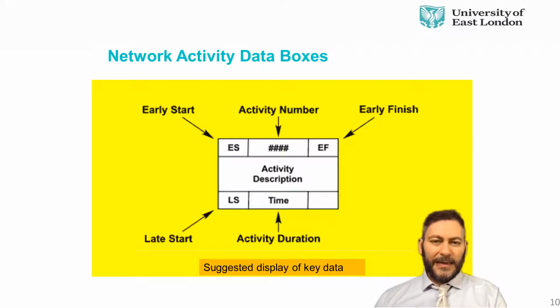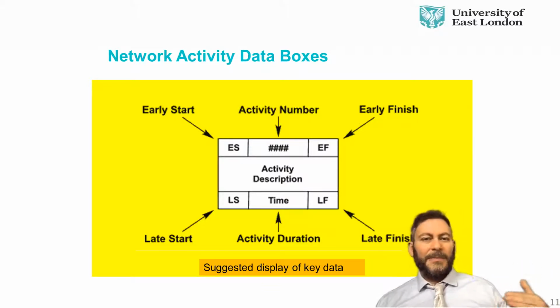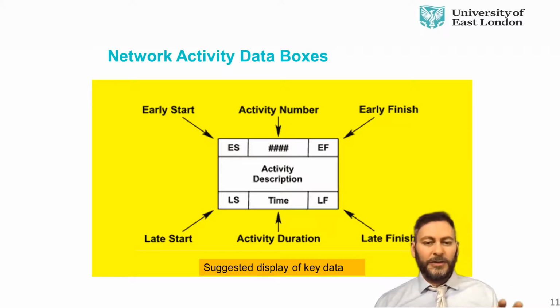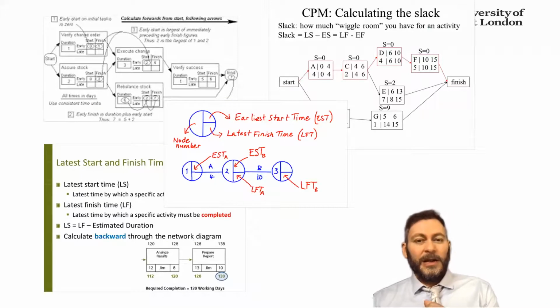Probably this is the one that gets a little bit tricky with students, the latest start and the latest finish. Again, we're going to see how they work in the diagram, but this is probably one of the hardest things with students, trying to visualize what's happening here. And I'm going to try to minimize the calculations, because that's probably one of the biggest headaches with students when they work with a project network.